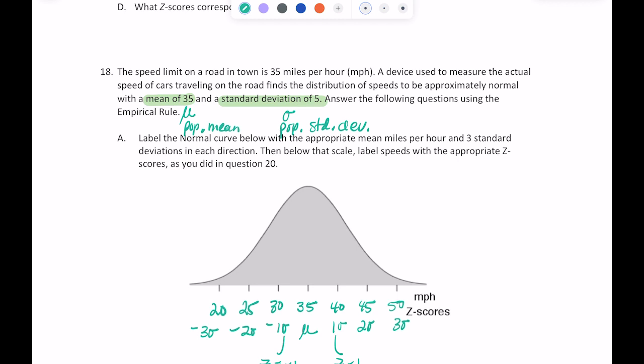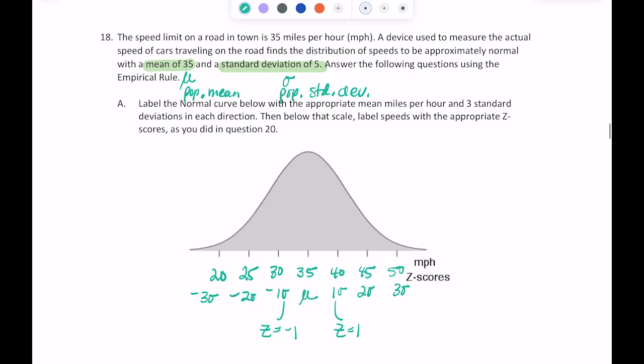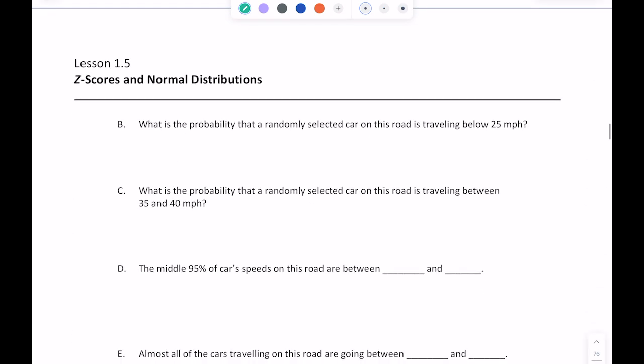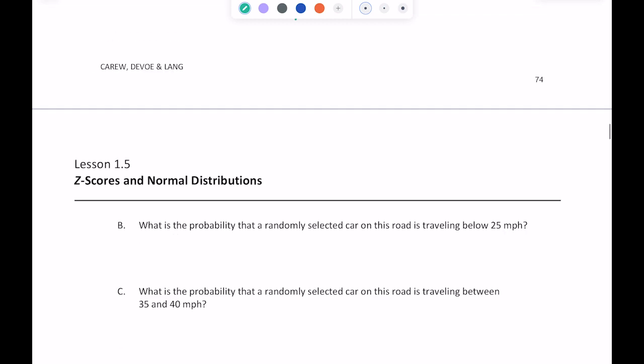If you're a car traveling 30 miles per hour, you're 1 standard deviation below the average speed of the cars on that road. So then, answering these questions: what is the probability that a randomly selected car on this road is traveling below 25 miles per hour?